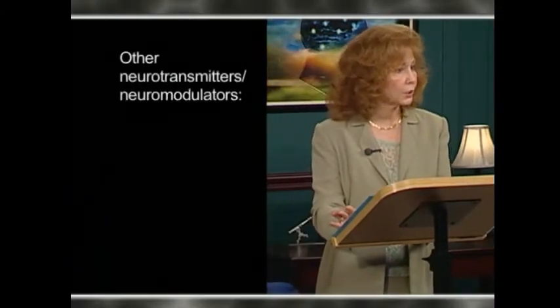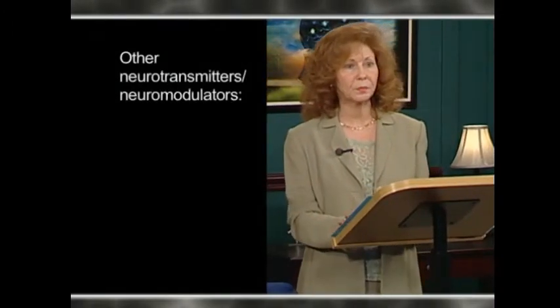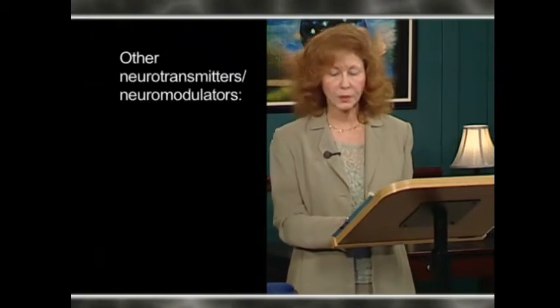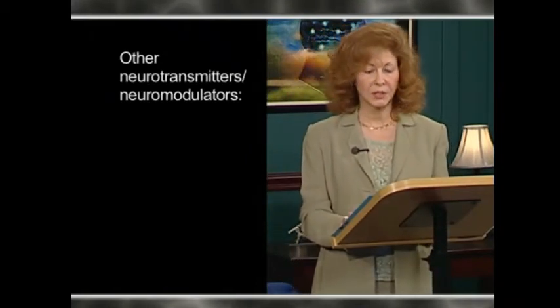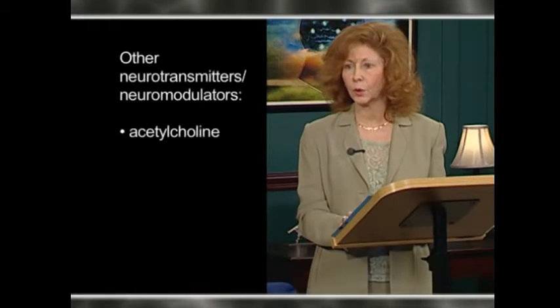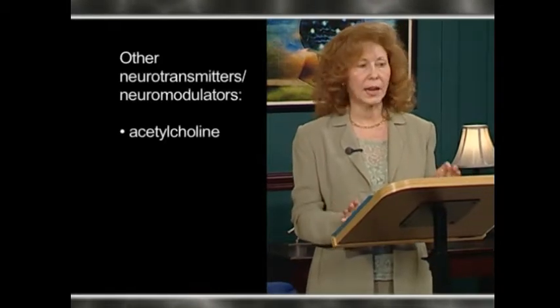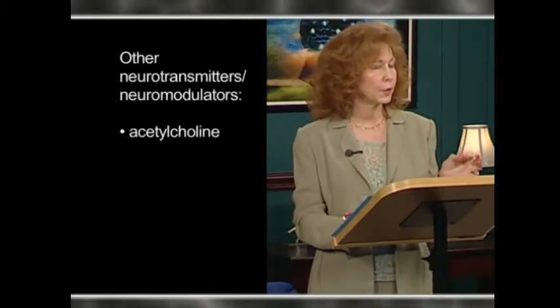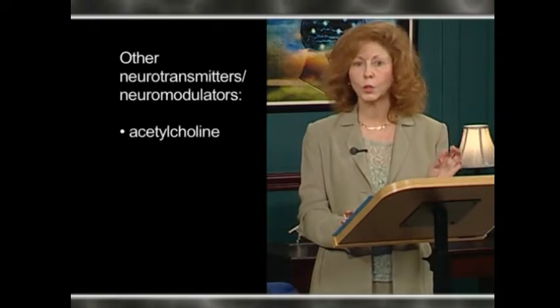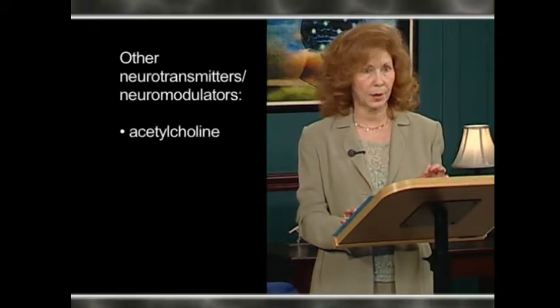There are many other neurotransmitters and neuromodulators in the nervous system. One that will become important when we talk about Alzheimer's disease is going to be acetylcholine. Again, acetylcholine is only used by a few cell groups. It's also used by some interneurons in the brain.